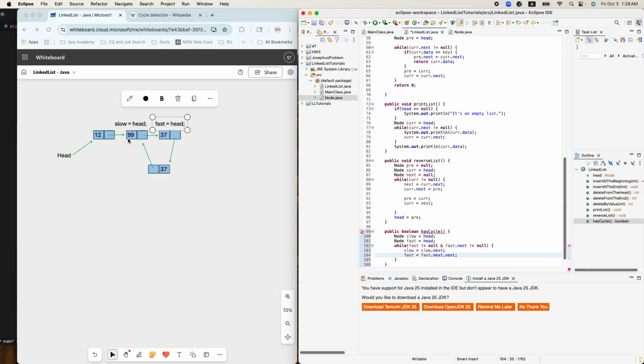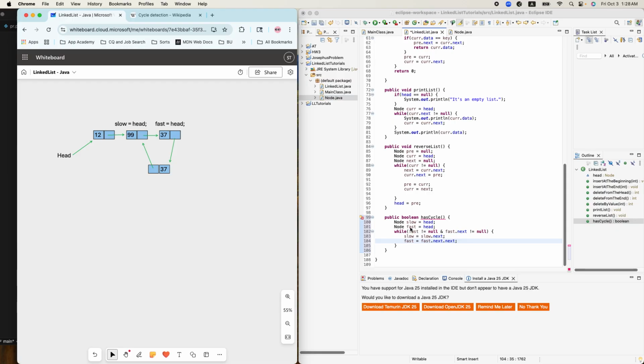See, if you say fast.next, it also points to this, but if you say .next 2 times, that means it points to this one. And every time that we move these pointers forward, we have to check if they are pointing to the same node or not.